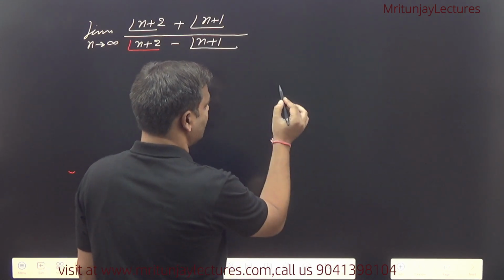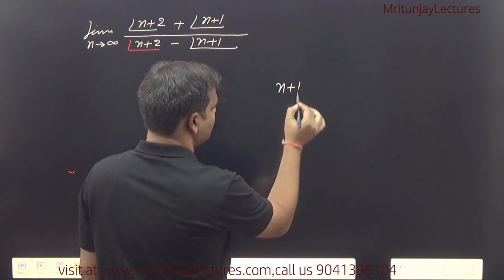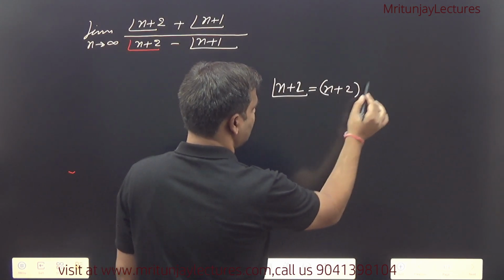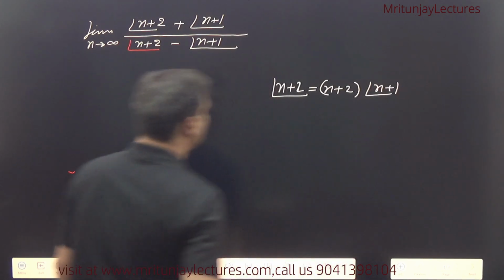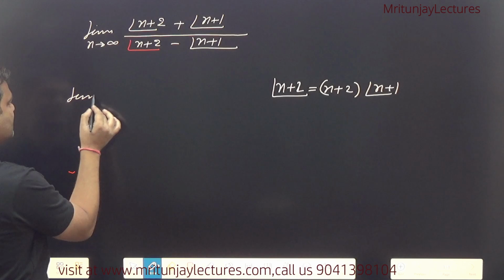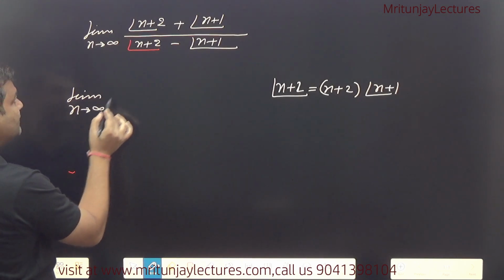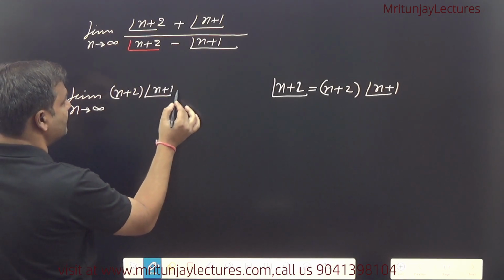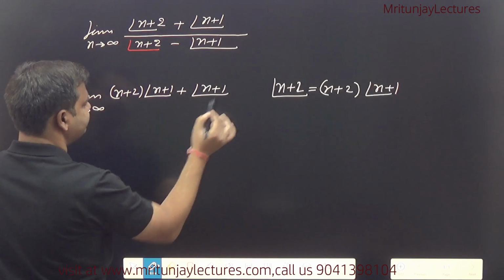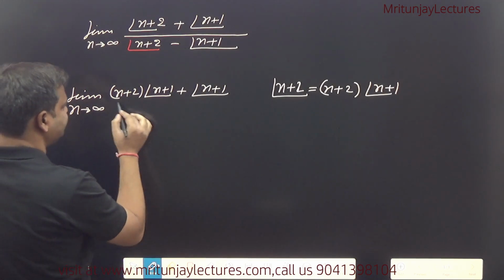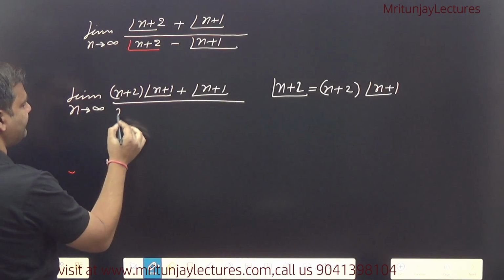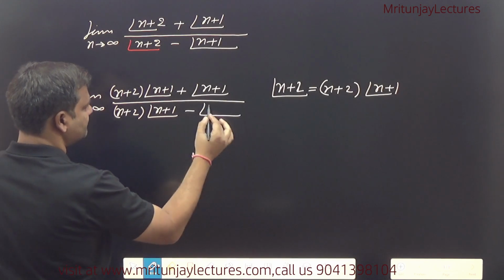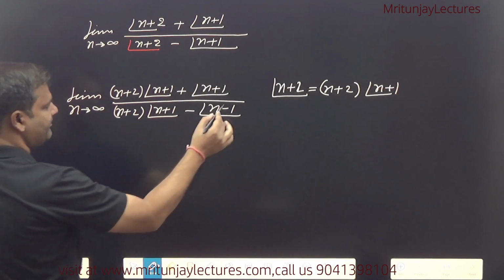So how can we solve? Simply, (n plus 2)! is written as (n plus 2) into (n plus 1)!. So this is written as limit n tends to infinity of (n plus 2) into (n plus 1)! plus (n plus 1)!, divided by (n plus 2) into (n plus 1)! minus (n plus 1)!.